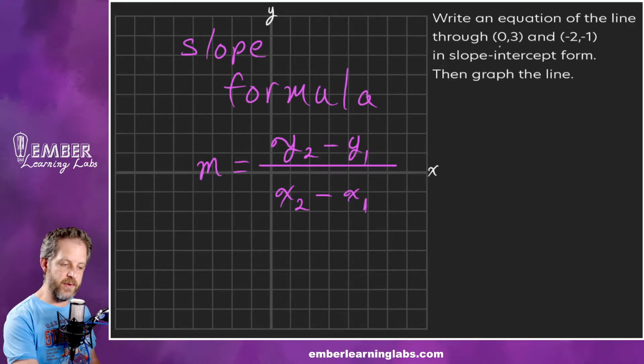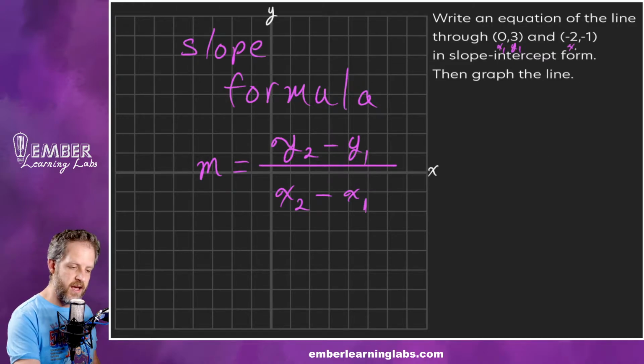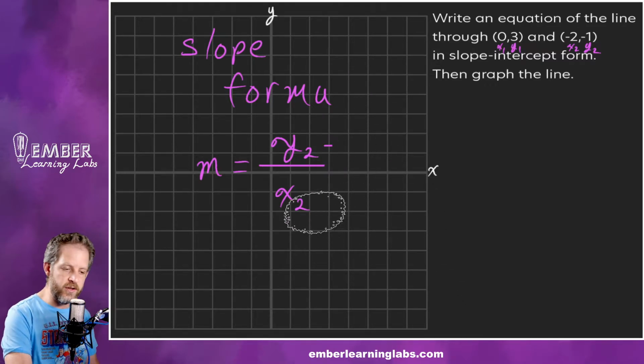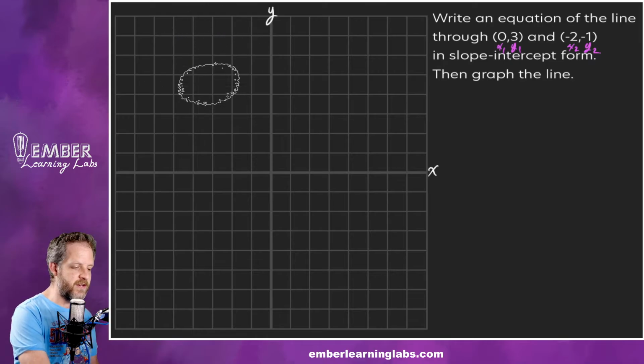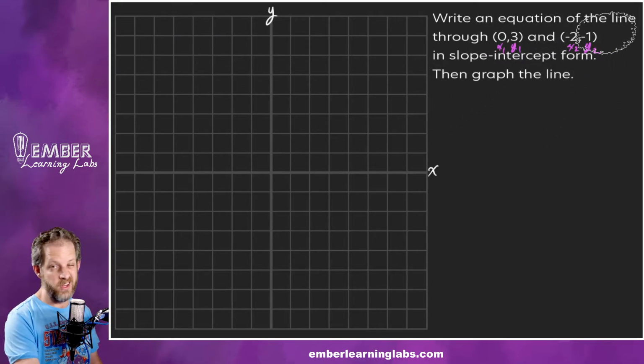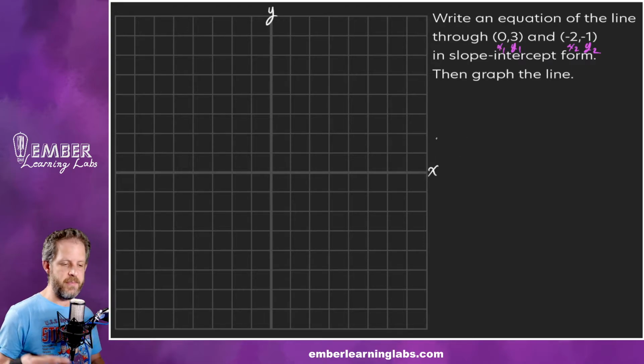Okay, so we can label this as x1, y1, and this one as x2, y2, right? That seems quite reasonable to me. You could do it the other way around. You just got to make sure it's consistent. It doesn't actually matter. Just keep it consistent.